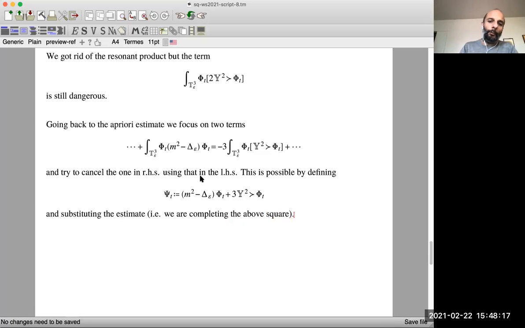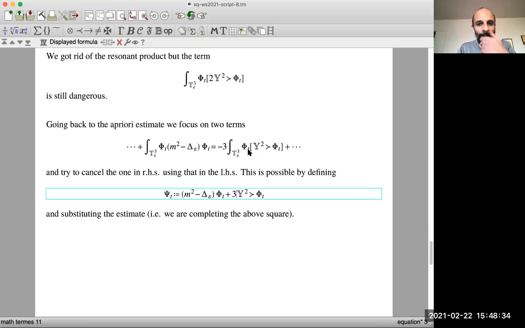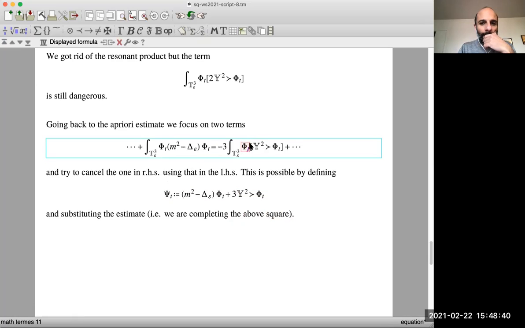Because I want to get rid of it, and I get rid of it by completing this square, and I have to do it right, which I possibly didn't do here. So you see, this is quadratic. This you have to think of as linear, and then to complete the square, you will have to add twice that.